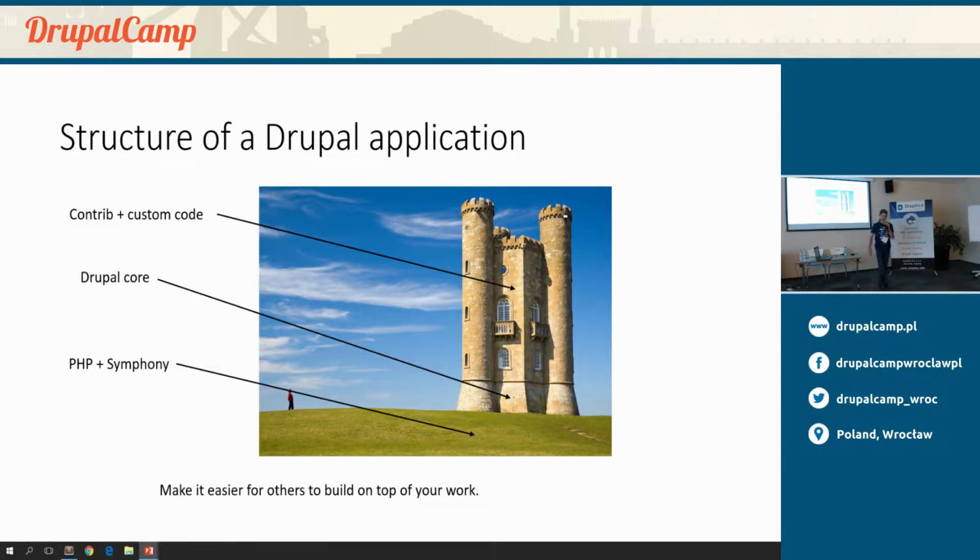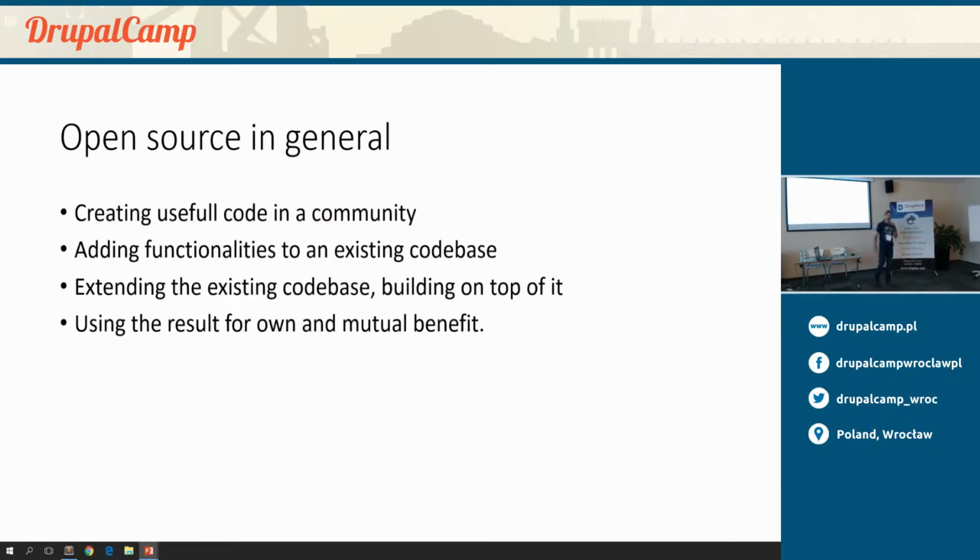I think I missed something from the last slide. Let's go back. My way of doing projects is that when I get an assignment, I always think first how to put in a little extra work and make something extendable that can be reused later.